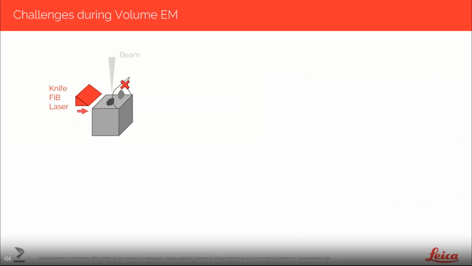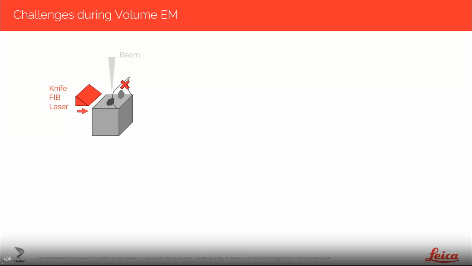As I mentioned, volume EM and in particular volume SEM is becoming more and more important to create the 3D context of the sample. There are several techniques available to create such serial block face images, and they all have in common that they are destructive.